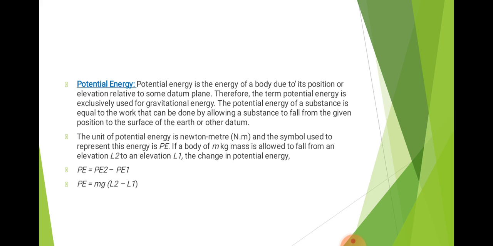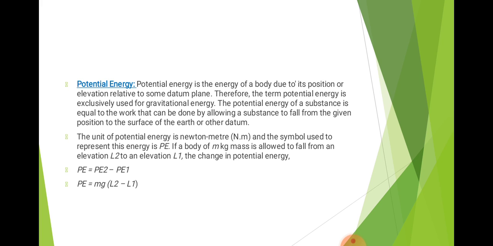The potential energy of a substance is equal to the work that can be done by allowing a substance to fall from the given position to the surface of the earth or other datum plane. So the unit of potential energy is Newton meter, and the symbol used to represent this energy is capital PE.